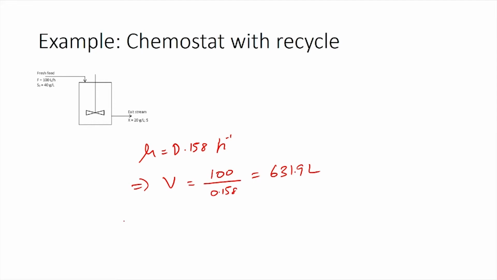As we have been told that the chemostats are available only in the multiples of 50, the reactor which has to be installed would be a 650 liter reactor. So, this is the volume of the reactor which is required if we do not have any recycle.